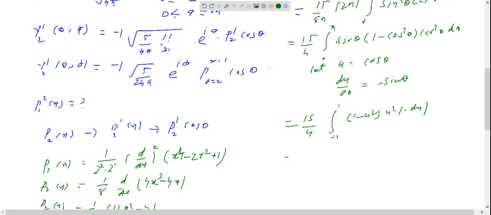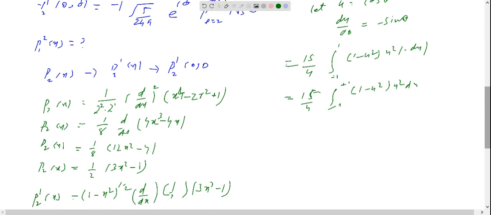Then interchanging the integral limits, we get 15 out of 4 into the integral from minus 1 to plus 1 of (1 minus u square) du.